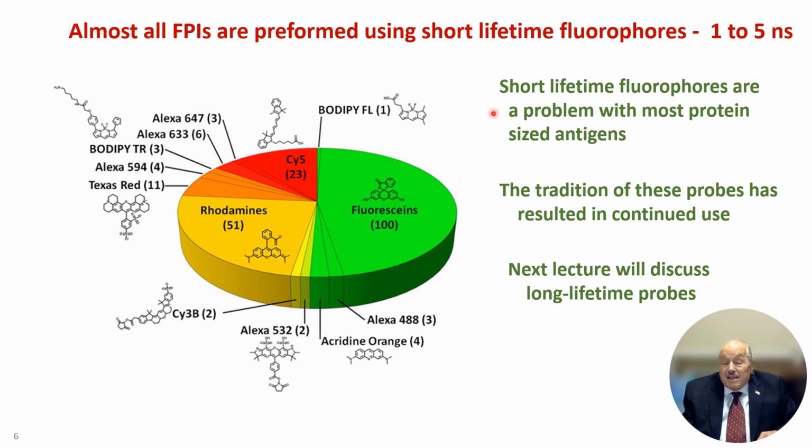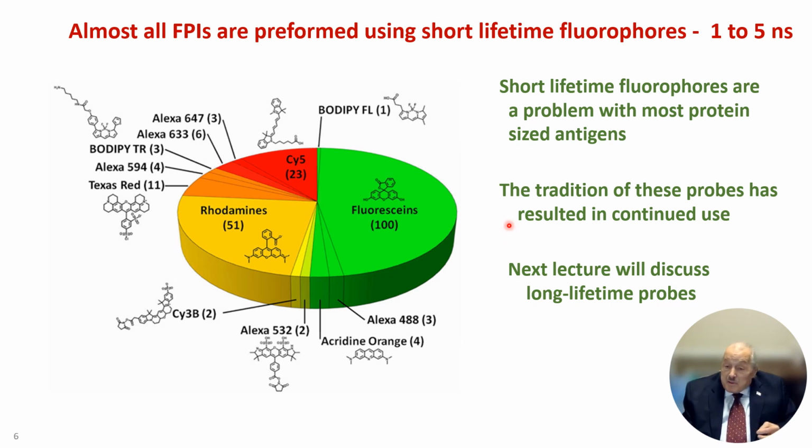This is something that has always amazed me. All of the FPIs are performed using short lifetime fluorophores, 1 to 5 nanoseconds. You go around here, you see BODIPYs, Alexas, Texas Red, cyanines, and so on. These are all the traditional probes that have been used for FPIs.